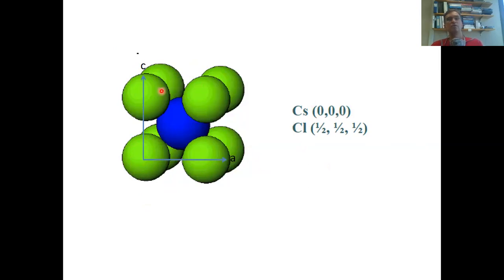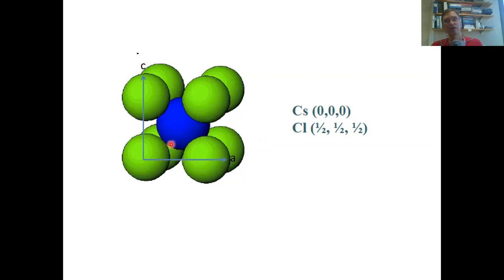The 7 other cesium atoms are produced by translational symmetry. We do not write their coordinates explicitly.